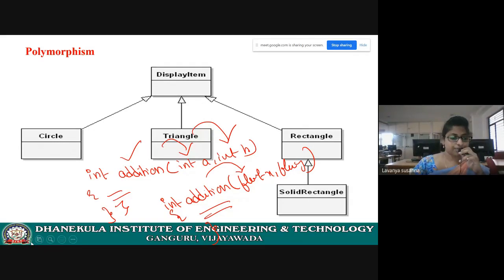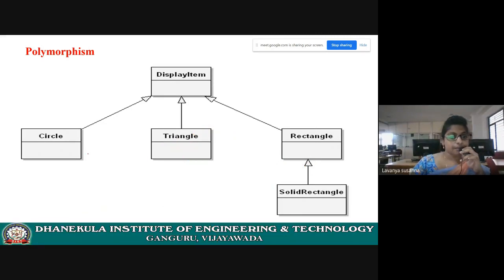You can explain with a simple example like taking a person, or if you want to explain in programming language, you can explain compile time polymorphism and runtime polymorphism. Compile time polymorphism is function overloading. Or you can explain runtime polymorphism like method overriding.